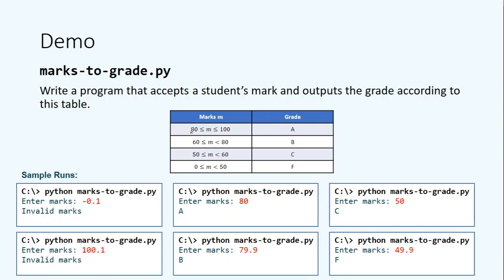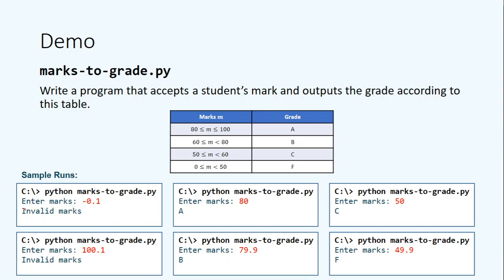If a mark is from 80 to 100, that is considered an A. If it is 60 to 80, and notice here this is exclusive of 80, because 80 is part of grade A. So when the marks are between 60 and less than 80, that is B. In the case of 50 to less than 60, that is C. Otherwise, everything else, from 0 to less than 50, is going to be a fail, F.